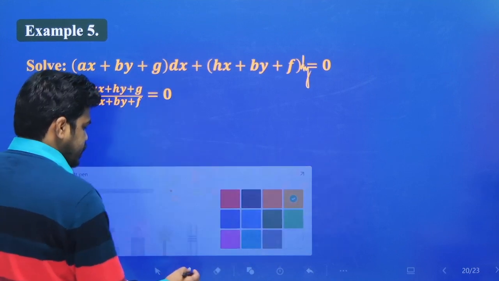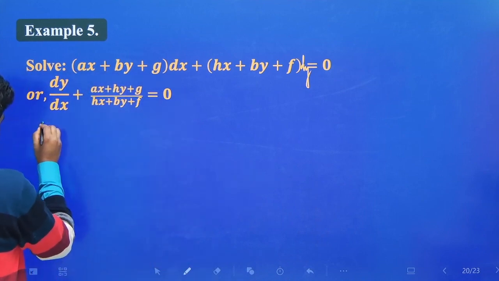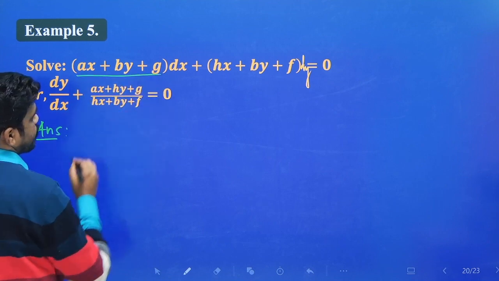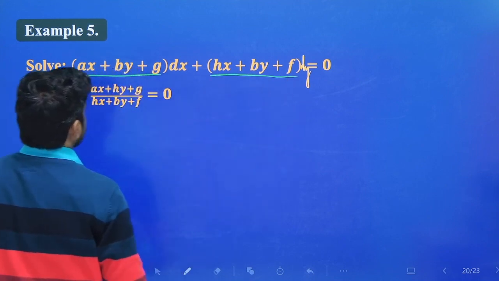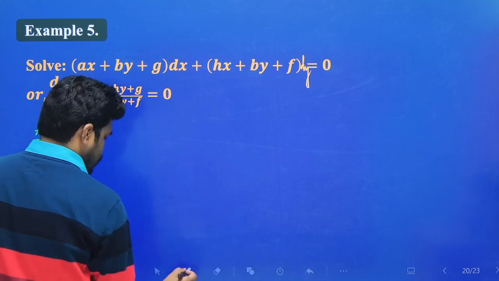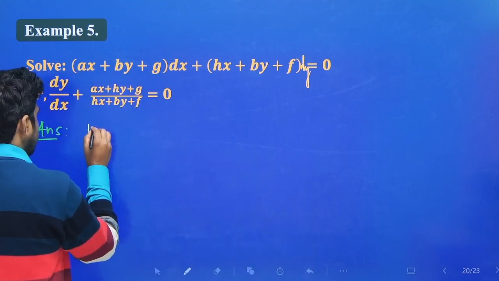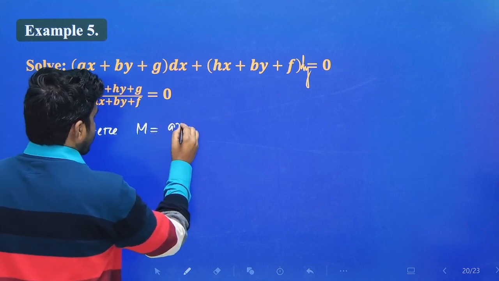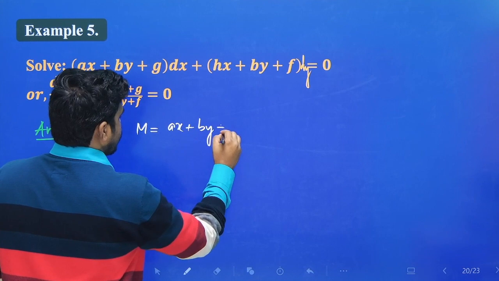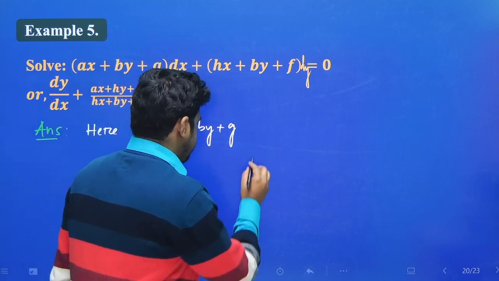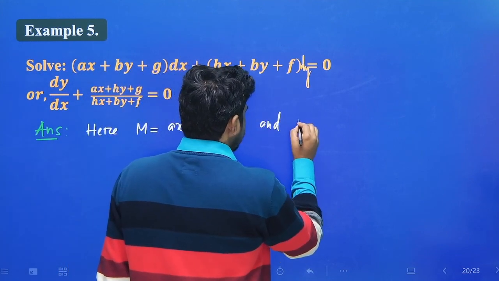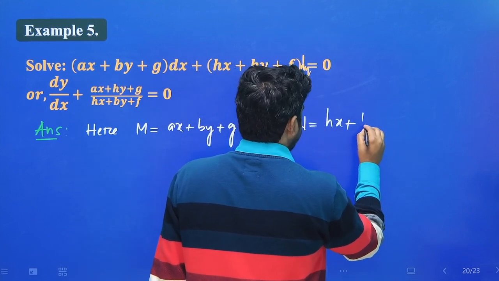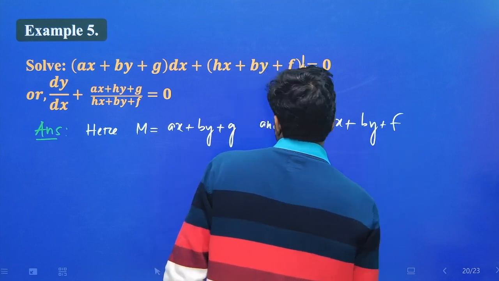So here, what is M? What is M? This is M and this is N. Here M is equal to ax + hy + g, and N is equal to hx + by + f.